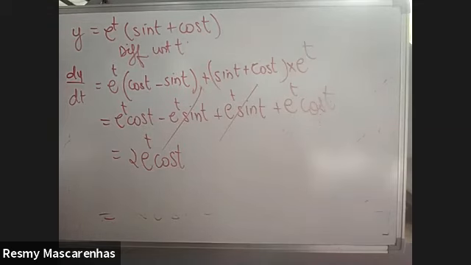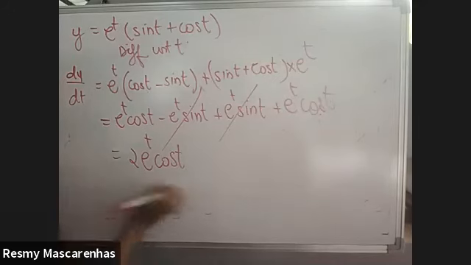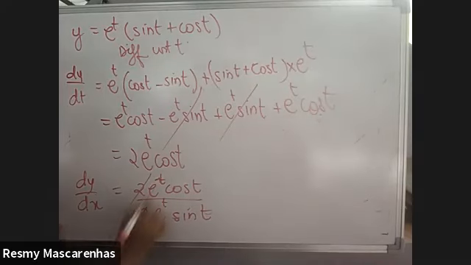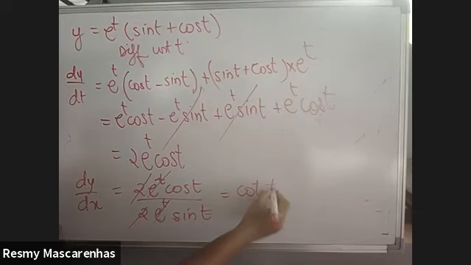And then divide both the answers. So dy upon dx will be, 2 will cancel. Answer will be cot t.